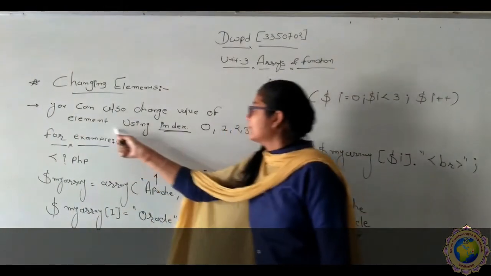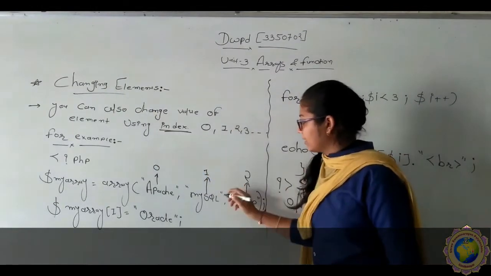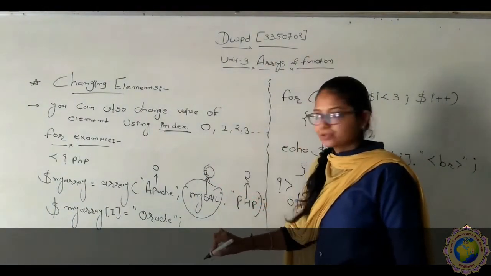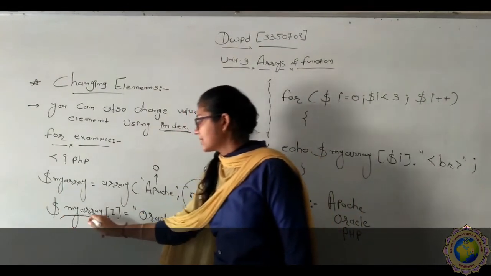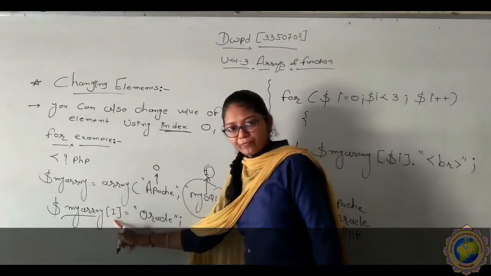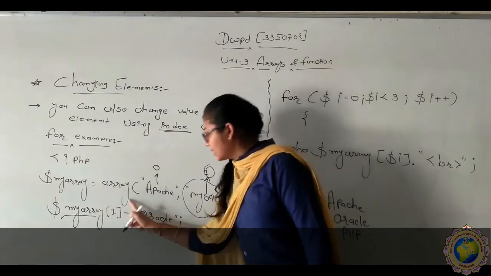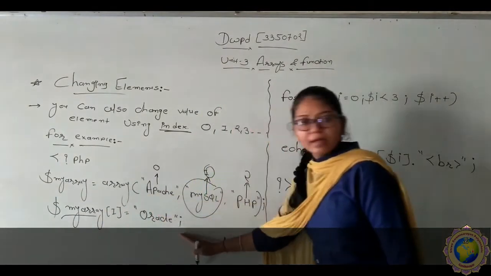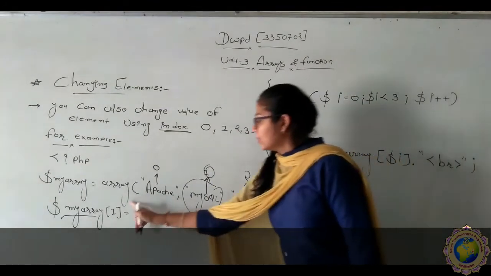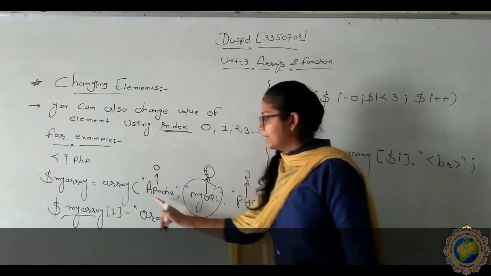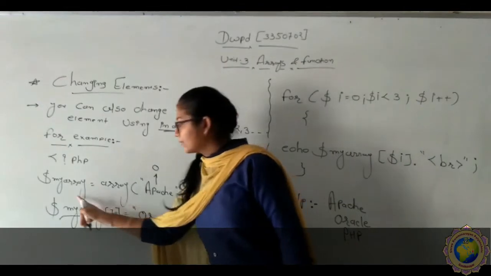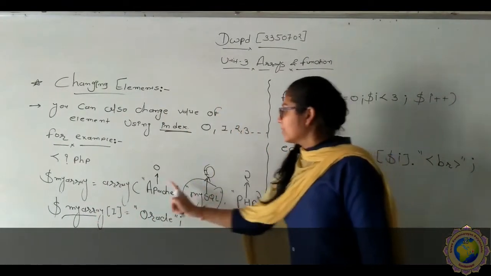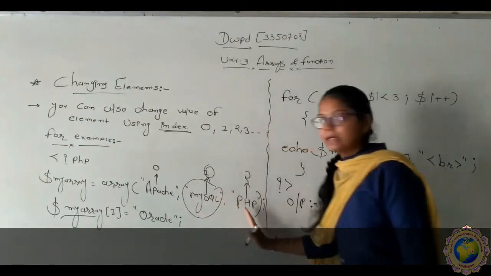Then use the element using index. So here the MySQL index value is 1. So we have to write the array name, 1 is equal to the value. So here I have to write Oracle at index value 1 of the array name, and then it changes at runtime to Apache, Oracle and PHP.